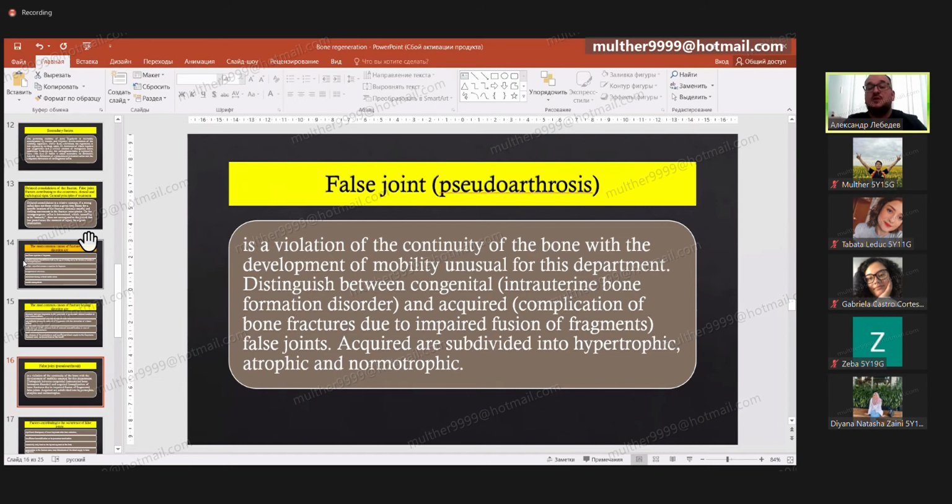It depends on how much bone tissue grows around the line of the fracture. If we have too much of it, we name it hypertrophic. If you don't see anything, just sclerosis of the bone fragments and the line of the fracture, that's atrophic. If you see the fracture and the position of the bone fragments may be the same as in the first post-injury picture, you name it normotrophic pseudoarthrosis.